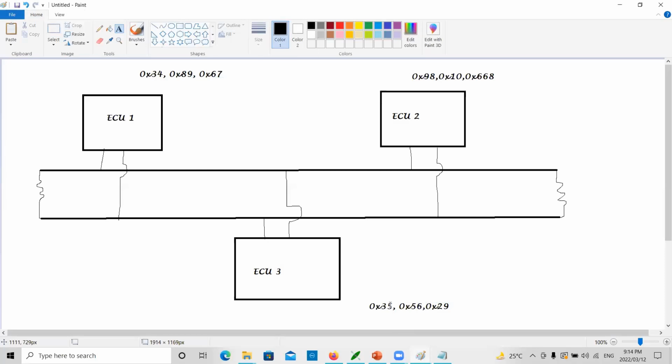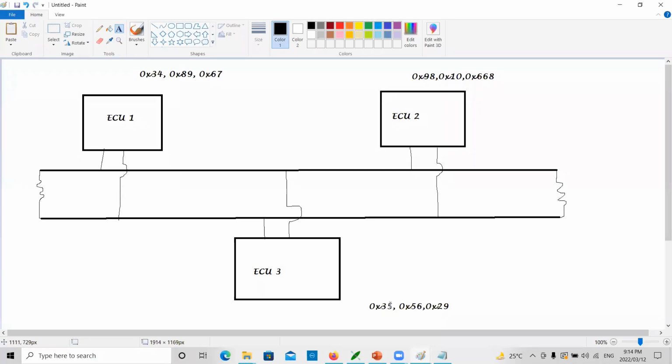Because the lower the ID, the higher the priority. Right. But 10 is the least number. See, at the second level, we have 89, 10 and 56, right? Then it will be 10.